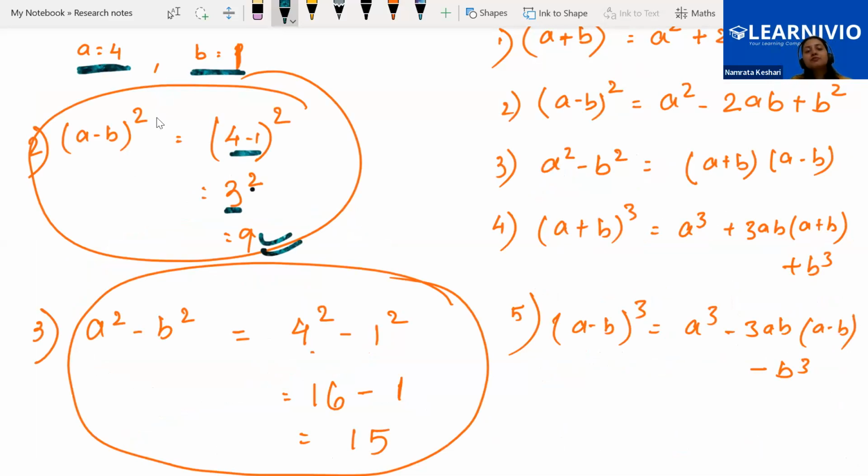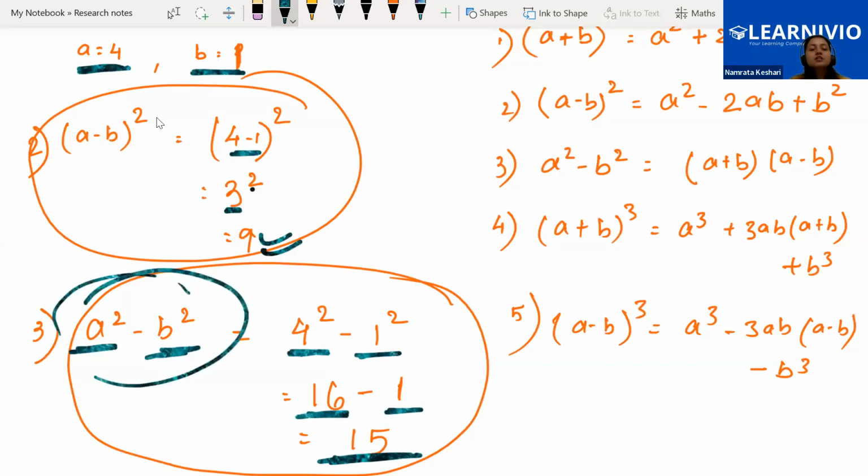And for formula number 3, where we are having a square minus b square, taking the same numbers, a as 4, b as 1, 4 square minus 1 square means 16 minus 1, that means 15 is the result. So a square minus b square result is 15 and a minus b whole square result is 9 when we are taking same a and same b. Formula number 2 and formula number 3 are completely different scenarios.